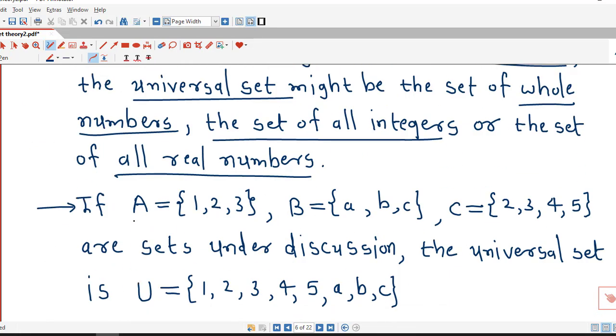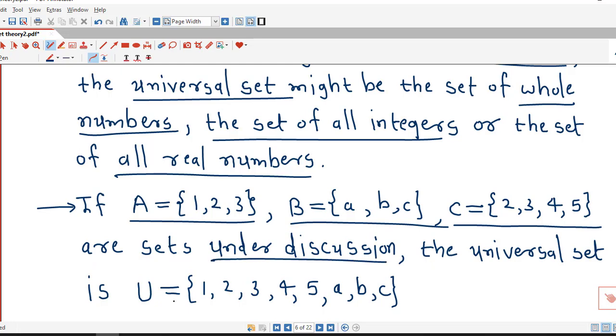Suppose we have these finite sets: A equals 1, 2, 3; B is the set containing a, b, c; and C is the set containing 2, 3, 4, 5. If we are considering these sets under discussion, then the universal set will be 1, 2, 3, a, b, c, 4, 5. We consider elements without repetition.